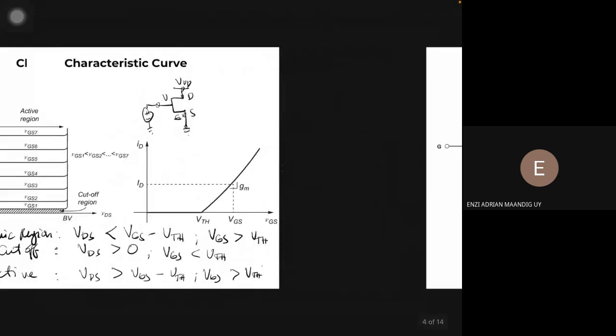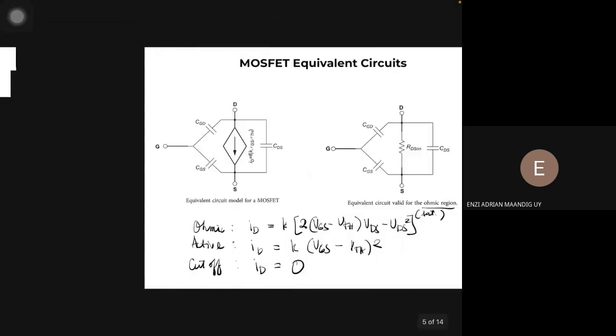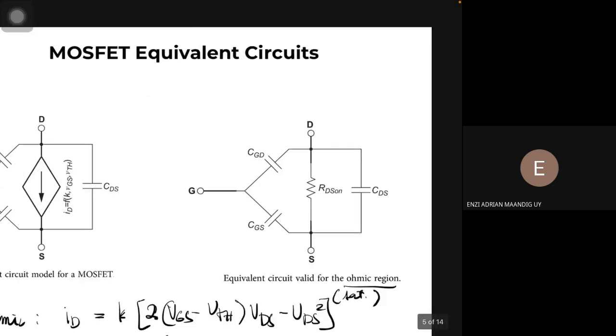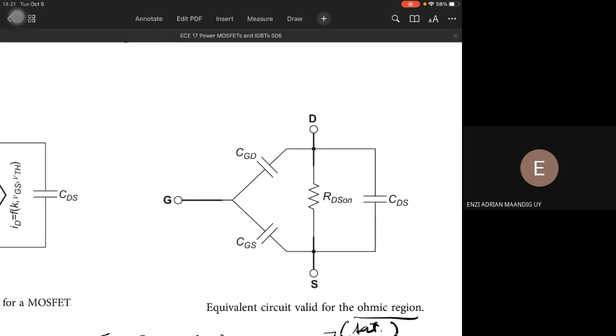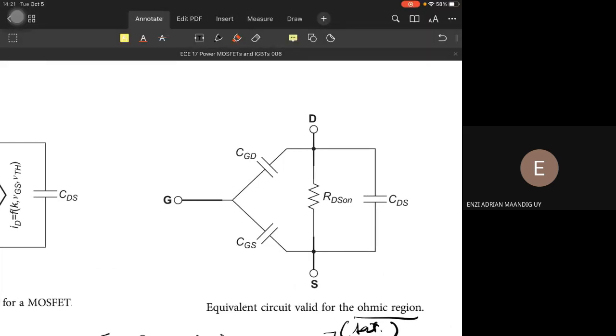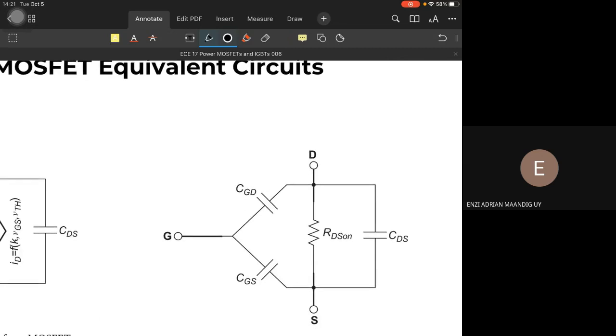If we use these relationships, these equations from the previous slide, it could come up that VDS is equal to VGS minus VTH.